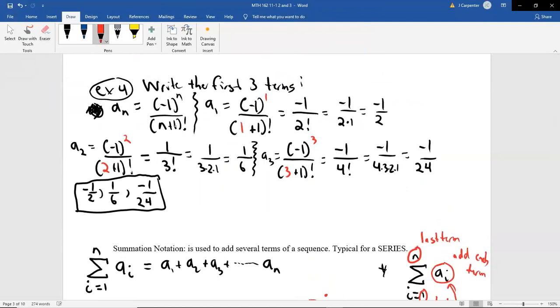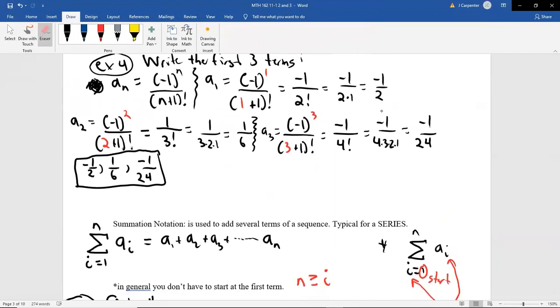First, oops, erase, not pen. Why is that not erasing now? Come on. What's the deal?